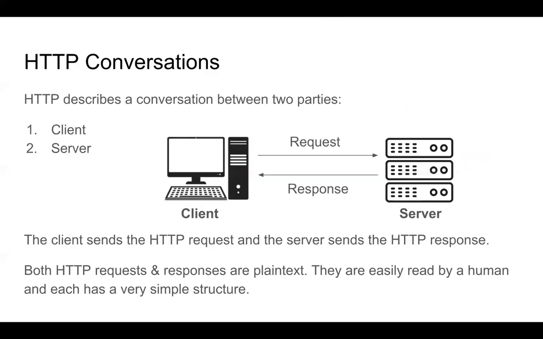When you send an HTTP request, when we have this HTTP conversation, there's a specific rhythm that the conversation needs to take. The server can't just proactively send data down to the clients. It has to wait for the client to send a request.